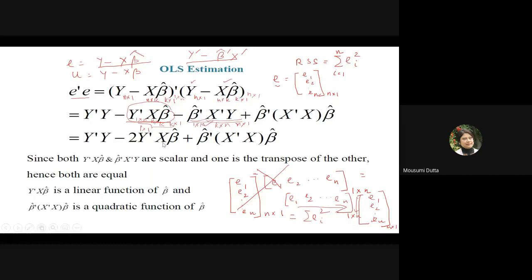So when we take the derivative, we will get minus 2 x prime y.